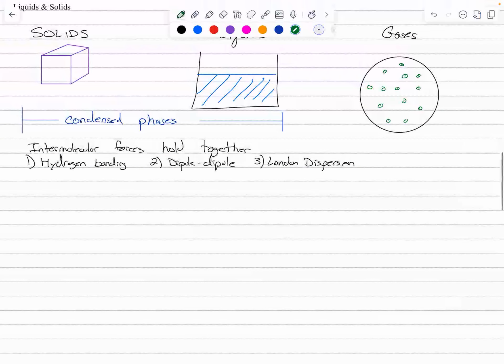All right, so if we dive into these condensed phases of liquids and solids, a lot of these properties of the liquids, because solids will be a different chapter, another video.